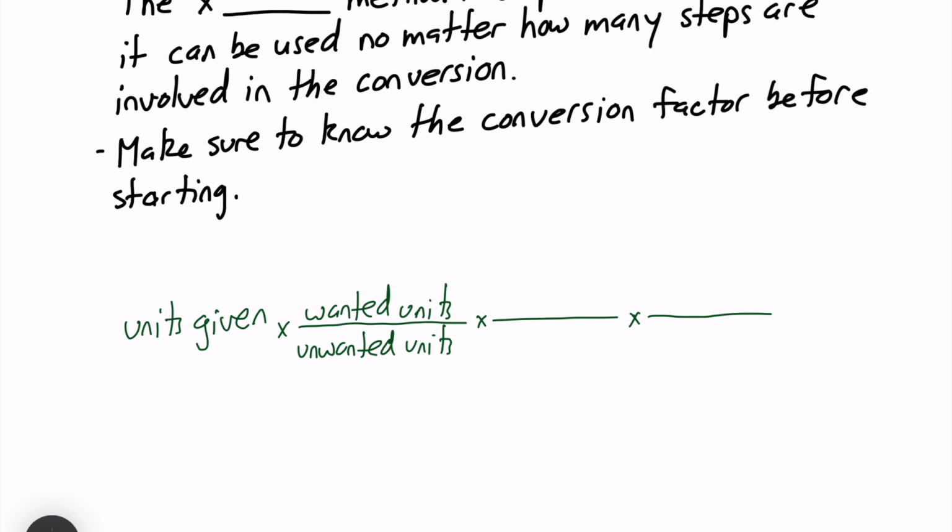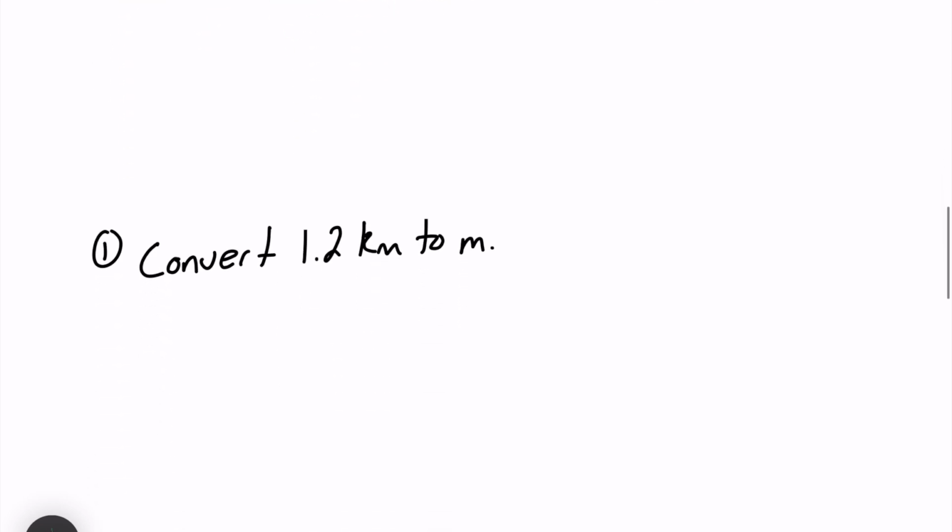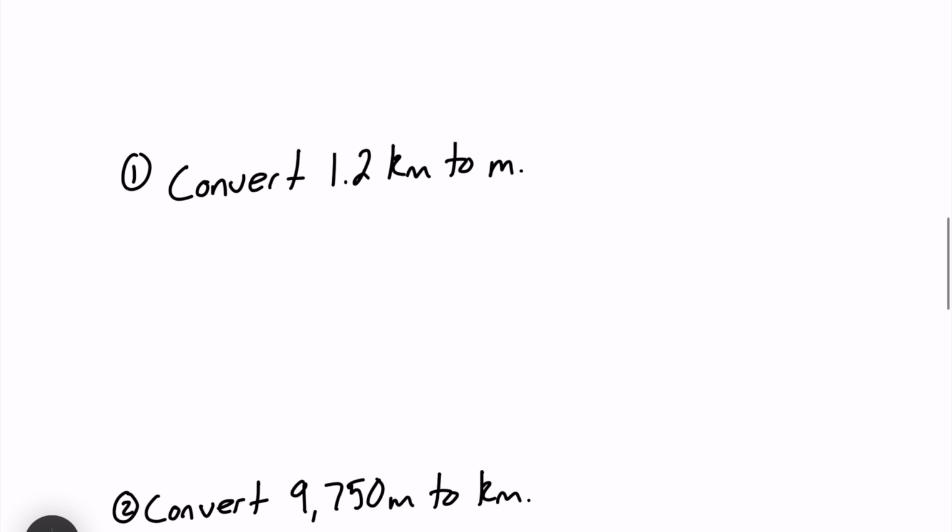So let's dive into number 1 here. It's just going to be a 1-step conversion. So it says convert 1.2 kilometers to meters. So here's our given units. We are given 1.2 kilometers, and it wants us to convert to meters. So notice we want meters, so meters should be on top.